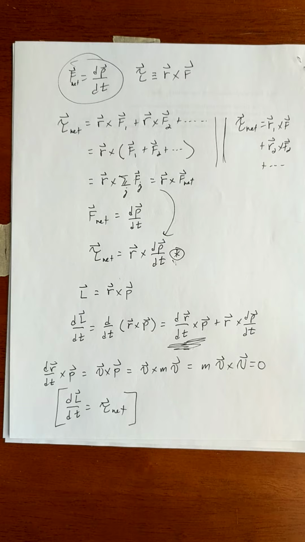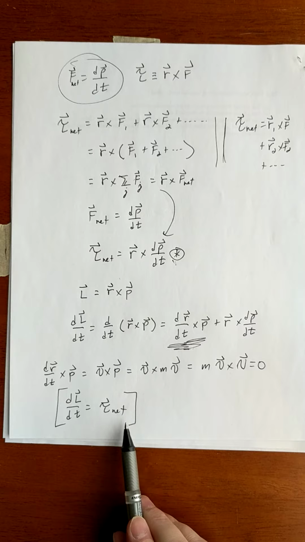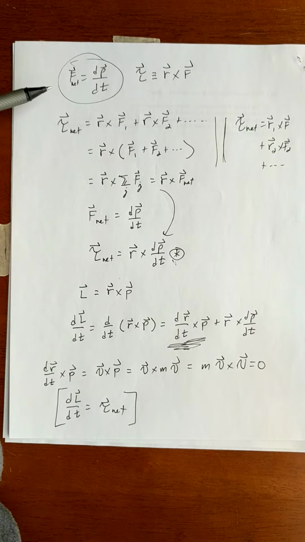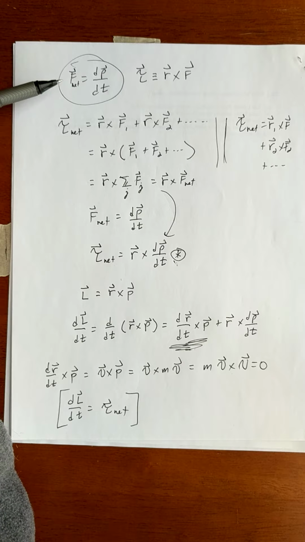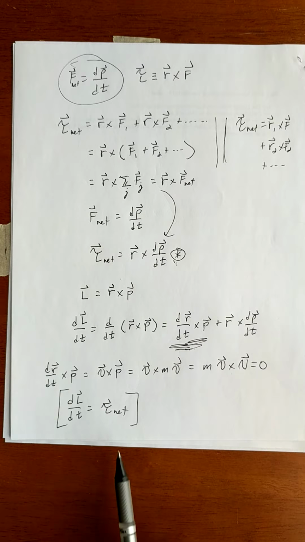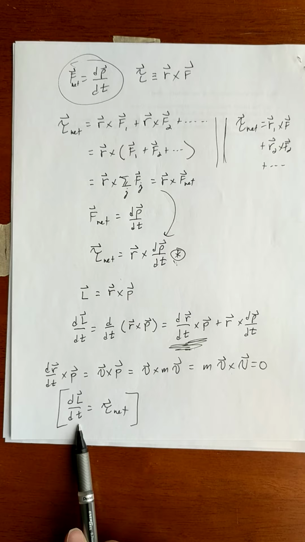So now this gives us our Newton's second law for rotating systems which are subject to some external torque. This is similar in form to our Newton's second law for linear systems, where we had F net equals dp/dt, and we have torque net equals dL/dt.